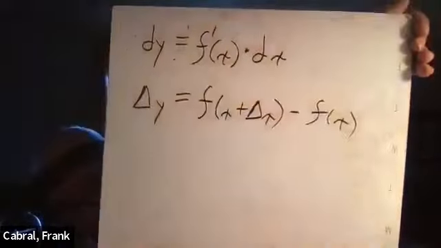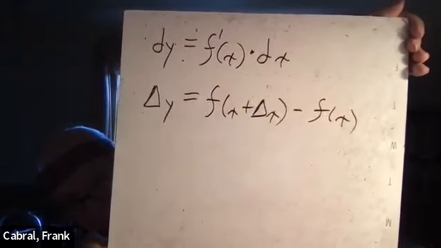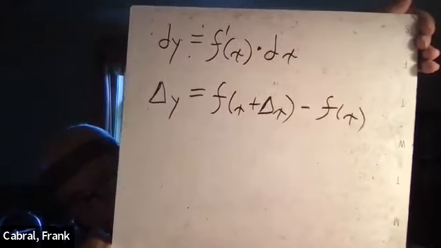Let me show you these two formulas. They're just plug and chug formulas. If you really want to understand what they mean, in other words, the difference between dy and delta y for different functions, the textbook has some really nice graphs and drawings of that. I would look at the textbook or go to a YouTube video.